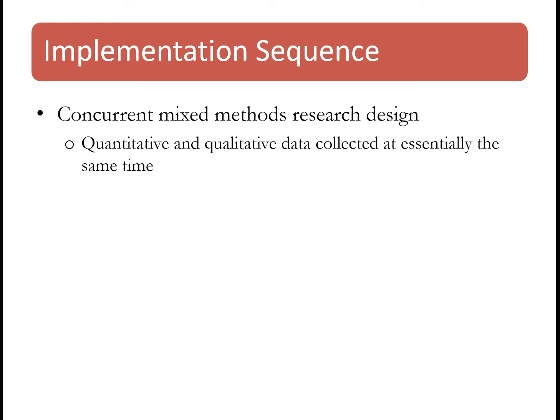Concurrent, specifically, is when quantitative and qualitative data are collected at essentially the exact same time. This is often done, for example, when someone comes into the lab and you give them a survey and you also do some sort of physiological measures, let's say blood pressure or heart rate.